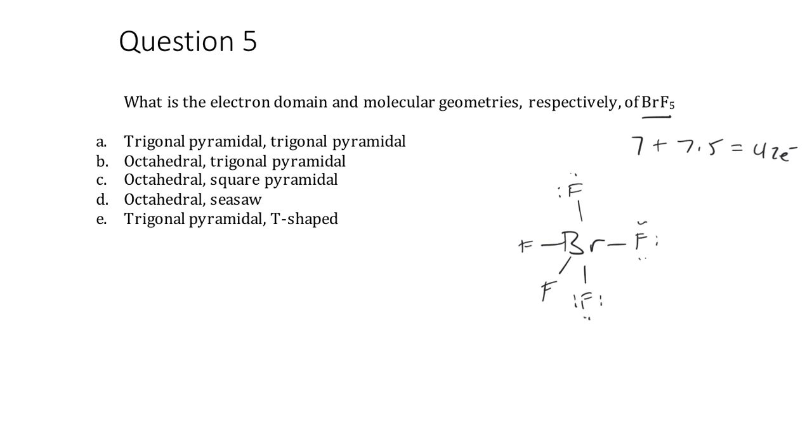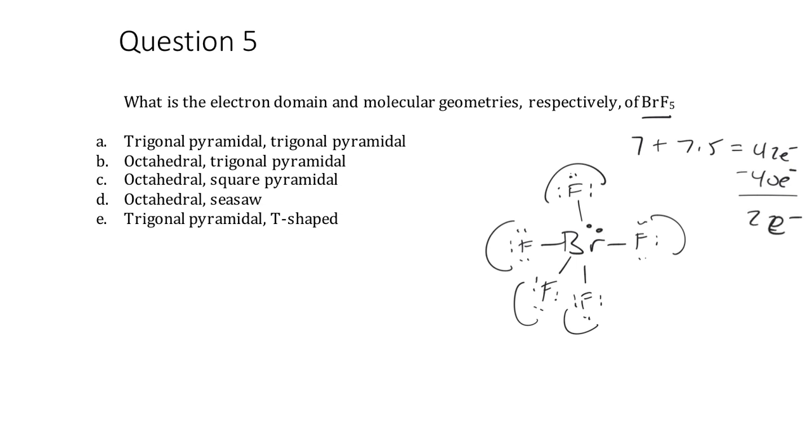You don't necessarily have to show this, but there are 8 electrons around each of the 5 fluorines. Whether or not you show it, you have to count correctly to get the 2 electrons that are left over that we put onto bromine.